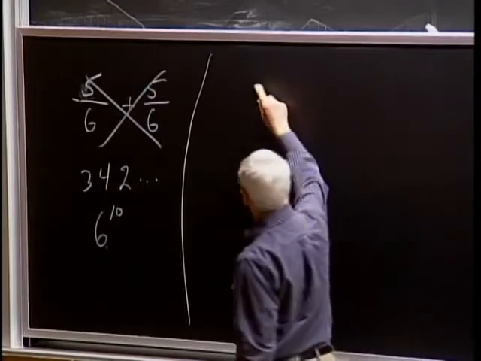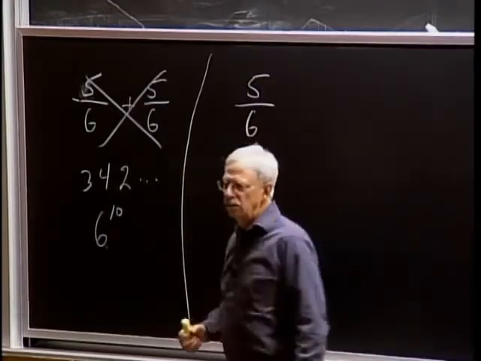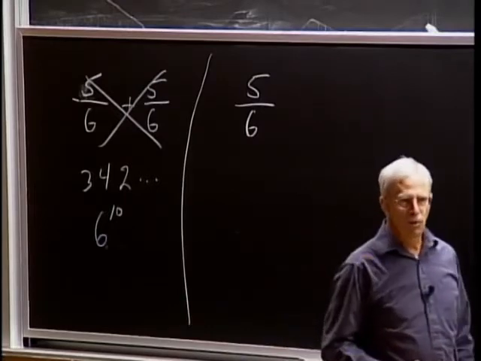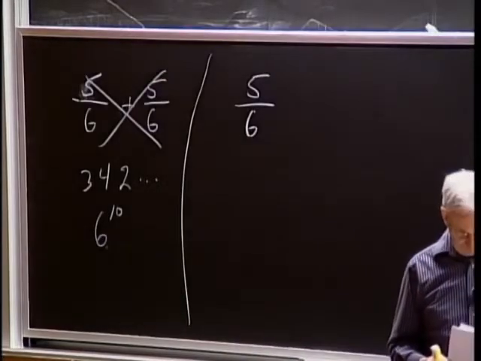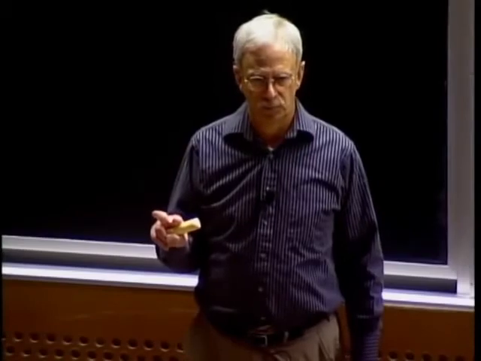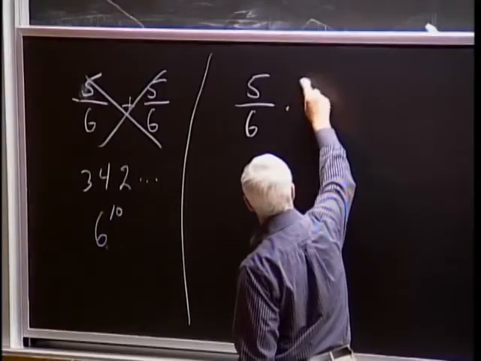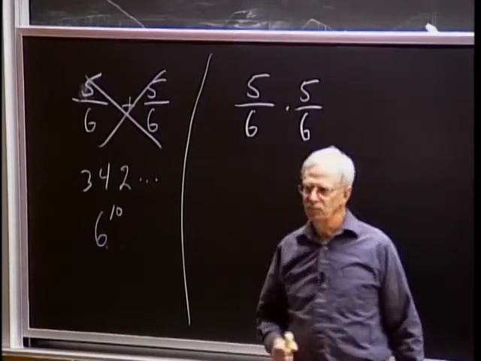So as we said, if I look at the first roll, the odds of not getting a 1 the first time is 5 over 6. Now, what's the odds of not getting a 1 the first or the second time? It's 5 over 6 times 5 over 6.